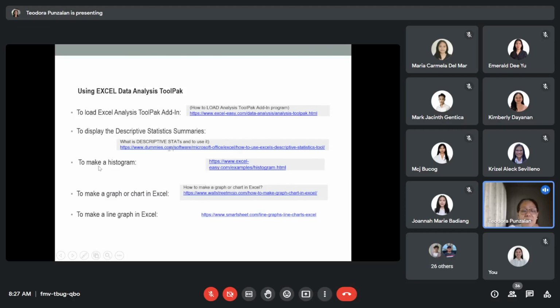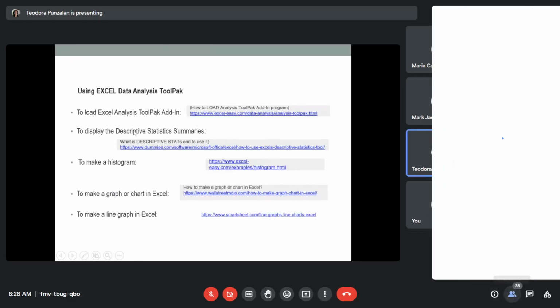Now, regarding the making of histograms, graphs, charts, line charts, I leave that to you. I will not discuss this anymore. So, during our next meeting on Tuesday, our face-to-face meeting, I expect you to have loaded the Excel Analysis ToolPak add-in into your Excel.